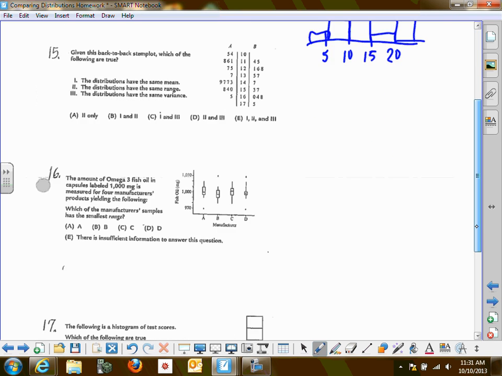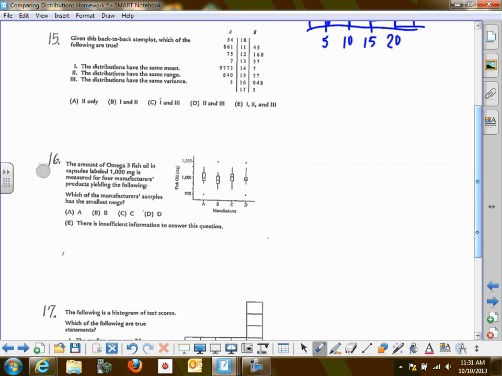On this number 15, I'm going to tell you that I literally went and put all of these pieces of data into my list 1 into my calculator. And I put all of these pieces of data into my list 2 of my calculator. And then I did the 1 variable stats of that list and the 1 variable stats of that list, because I just wanted to do that instead of having to tediously go through and possibly make mistakes on my computations.